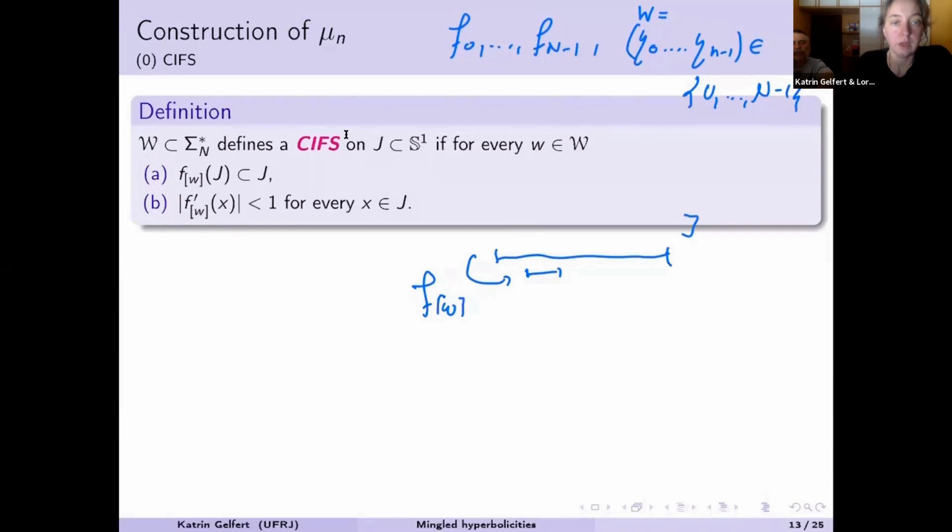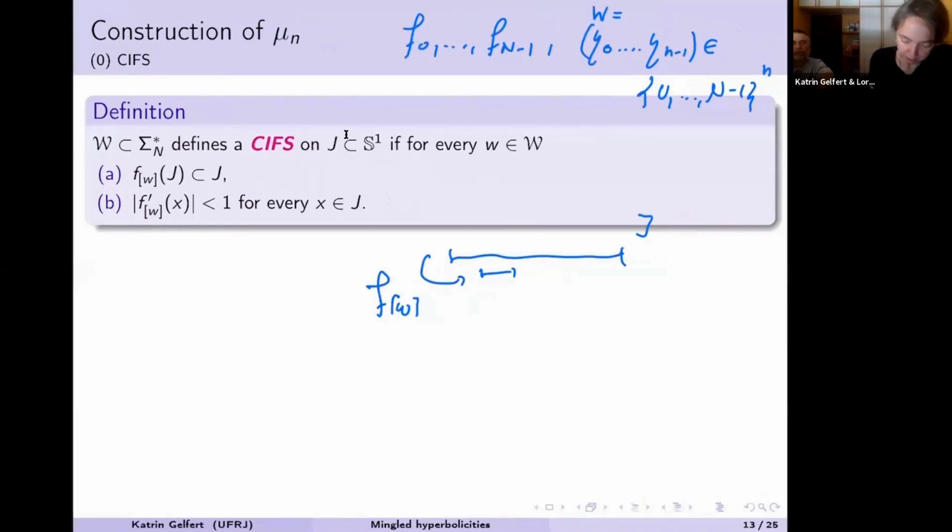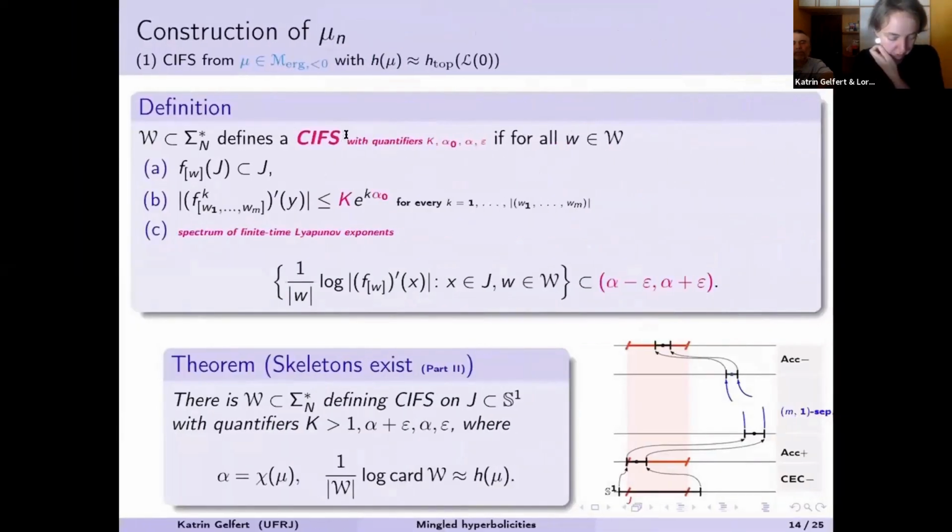Okay. So I need to be a bit more precise because I need to have some constants. So I make a more precise definition of my contracting iterated function system.